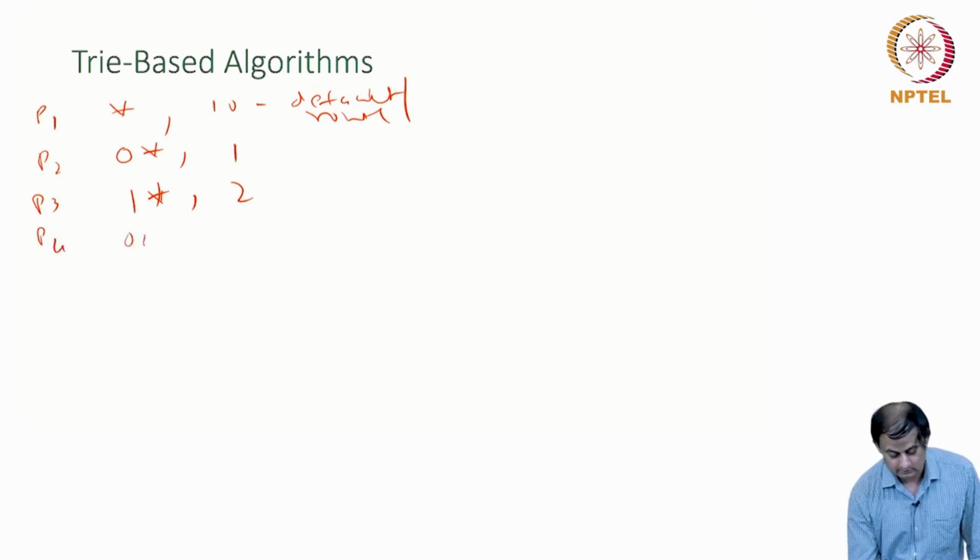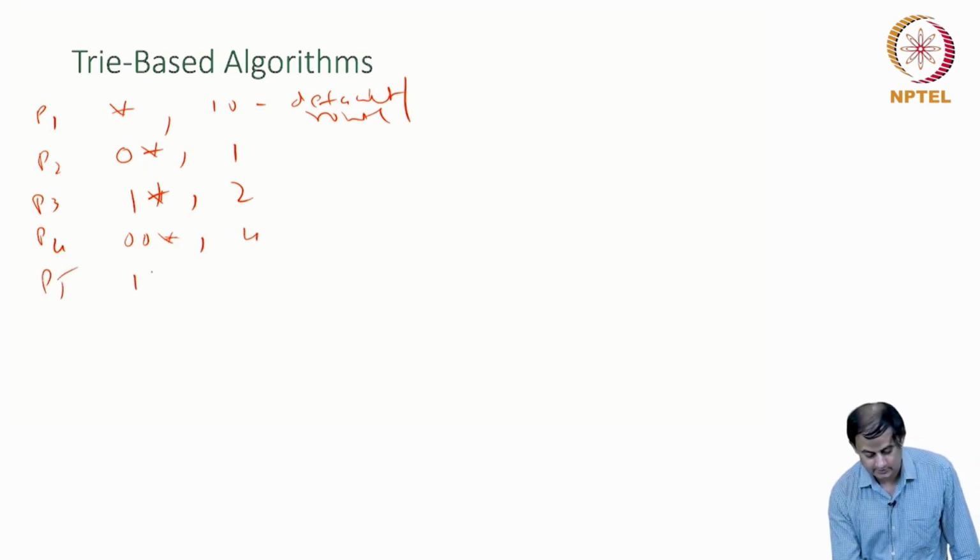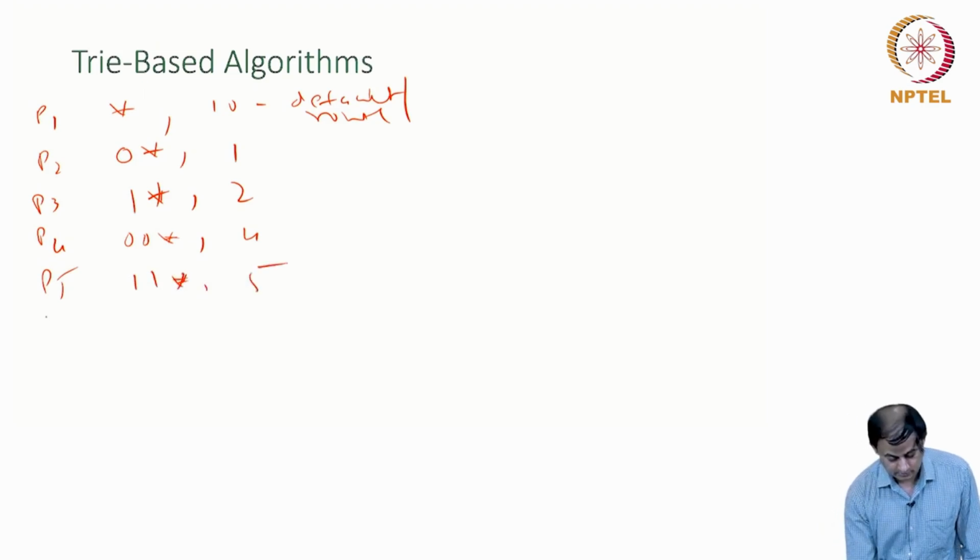Similarly, I might have 00 star going to port number 4, and P5 is saying if it is 11 star, then you forward it to port number 5, and P6 is saying 110 star.